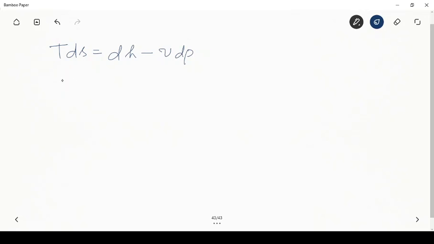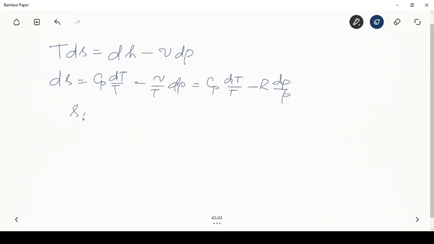If I divide throughout by T, I get ds is equal to Cp dT by T minus v by T dP, and since Pv is equal to RT, v by T is R by P, so this is Cp dT by T minus R dP by P. And if I take the integral, then I get Sf minus Si is the integral from Ti to Tf of Cp of T into dT by T minus R times the integral from Pi to Pf of dP by P.